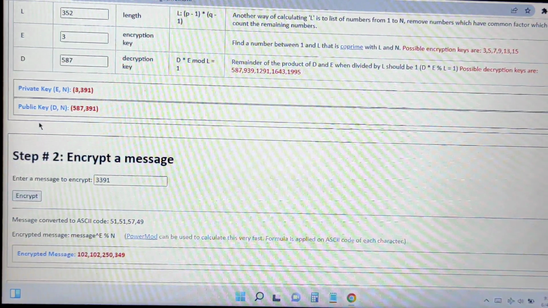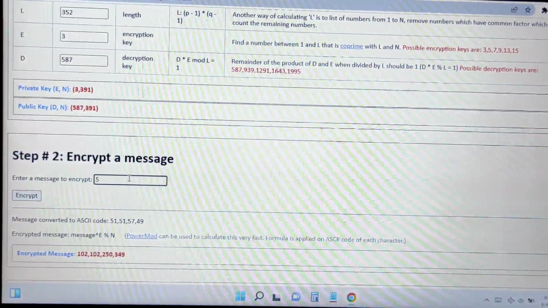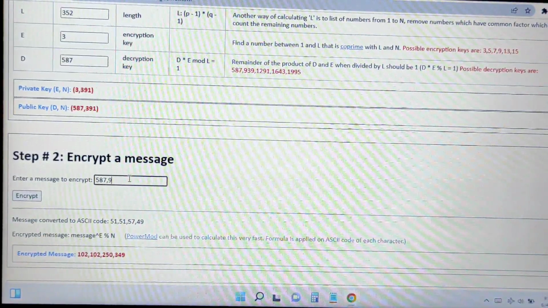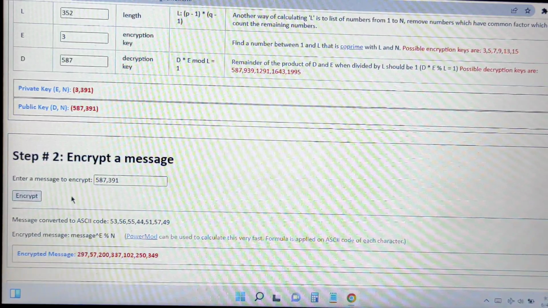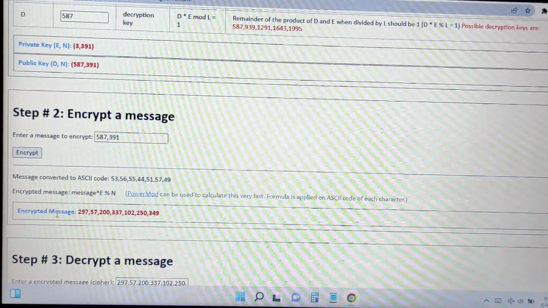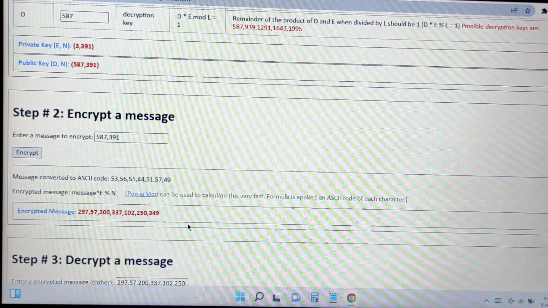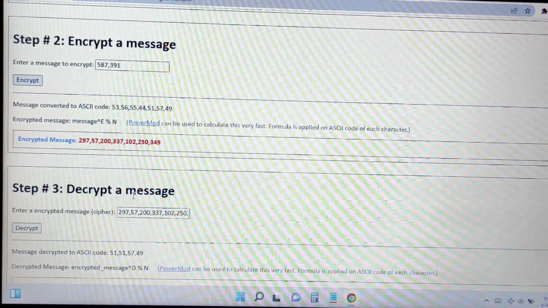Next is the public key. We will type 587,391. We will click encrypt. So the encrypted message is 297, 57, 200, 337, 102, 250, and 349. So for step 3, decrypt a message.